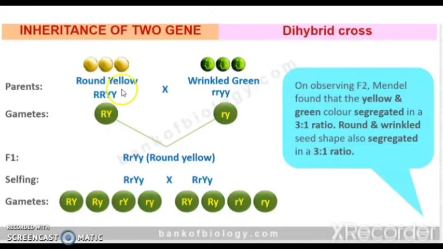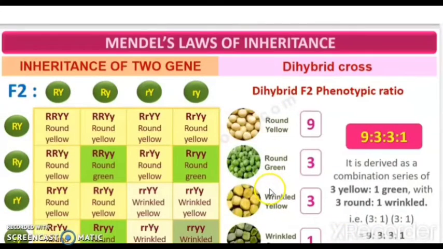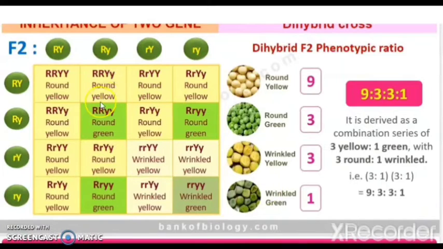So this is how we can represent the round yellow and wrinkled green, combined to form capital R, small r, capital Y, small y, which is round yellow again, and it produces the possible gametes which are capital R capital Y, capital R small y, small r capital Y, small r small y. So these are the possible gametes of both the parents, and when they were self-pollinated, we are able to find such a phenotypic ratio which is 9:3:3:1.